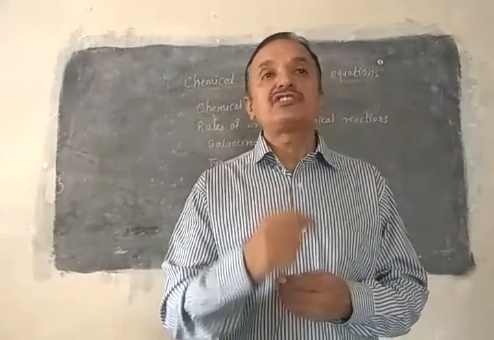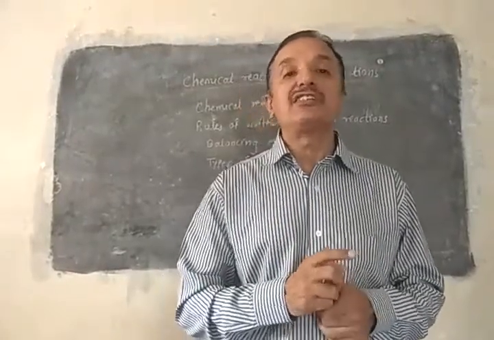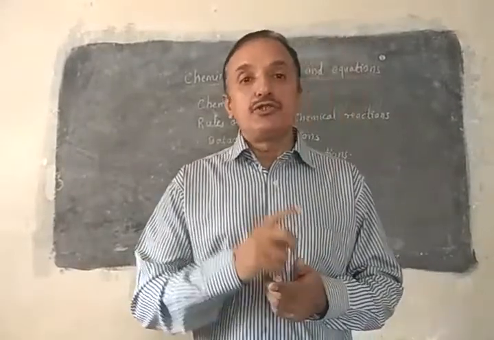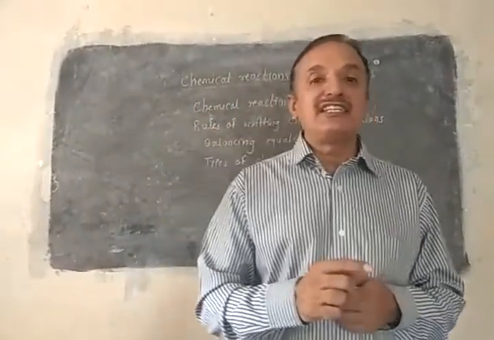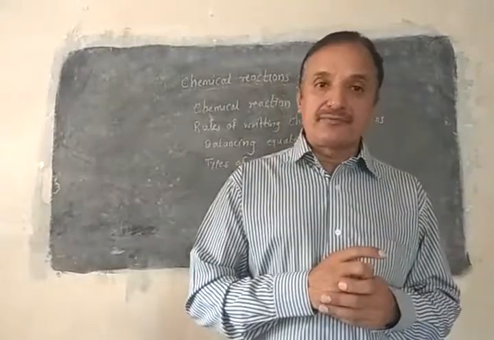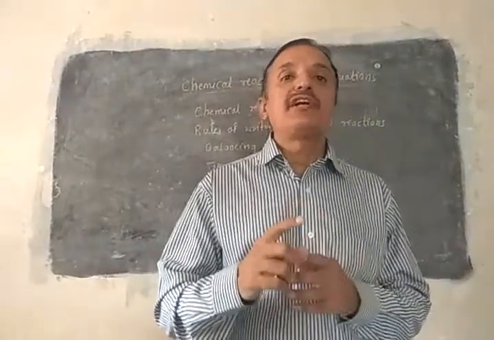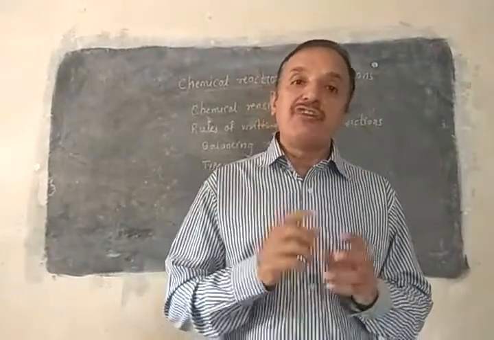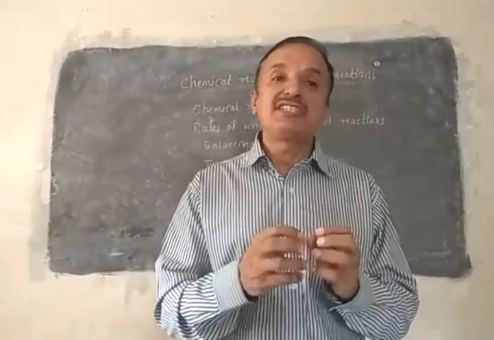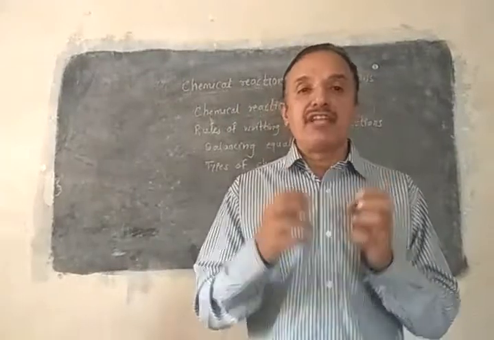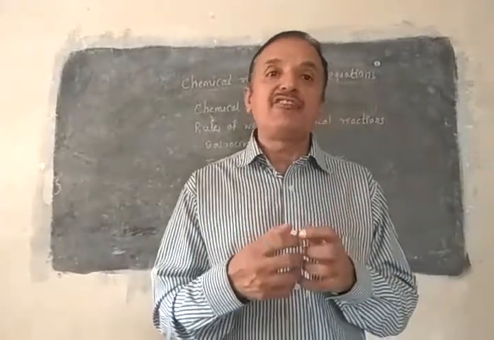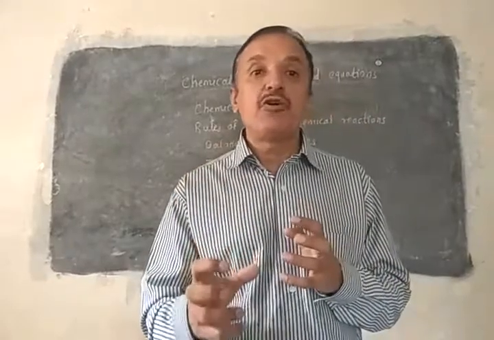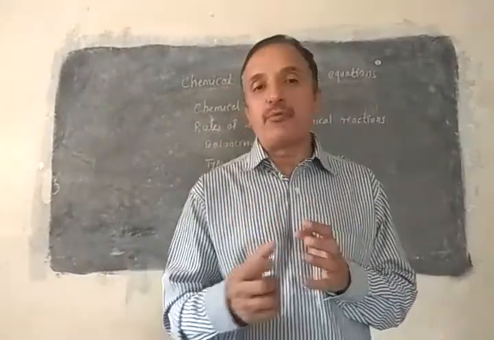Now see why substances undergo chemical changes. In the previous standard you studied compounds. I told you that elements and compounds are pure substances. When the atoms of elements combine in a fixed proportion by weight, the substance formed is called a compound.